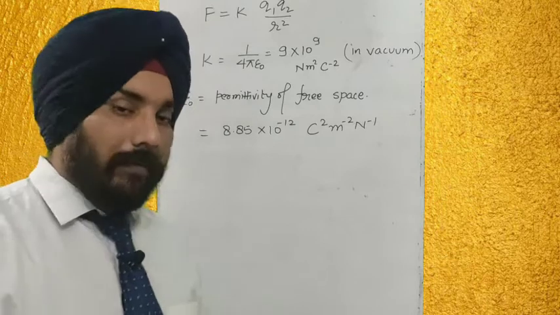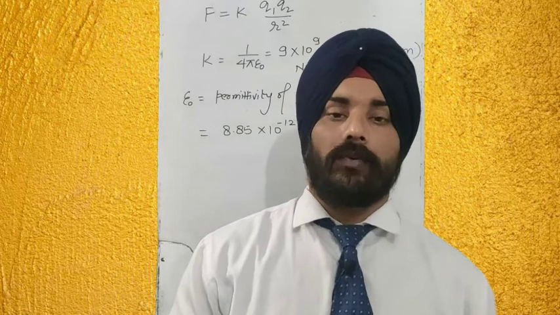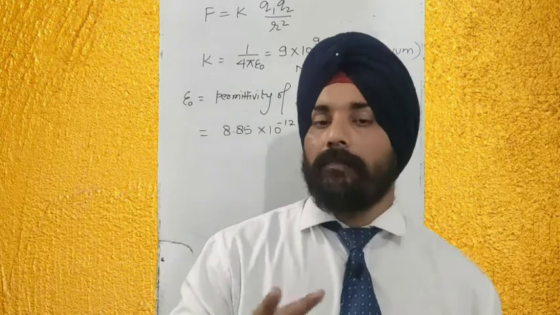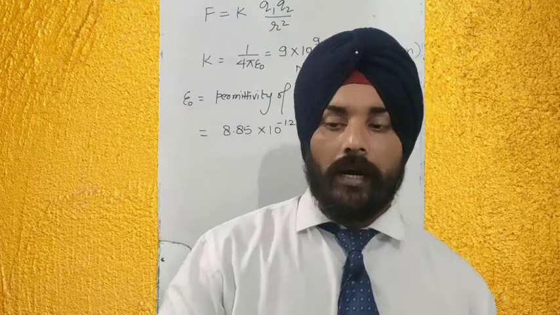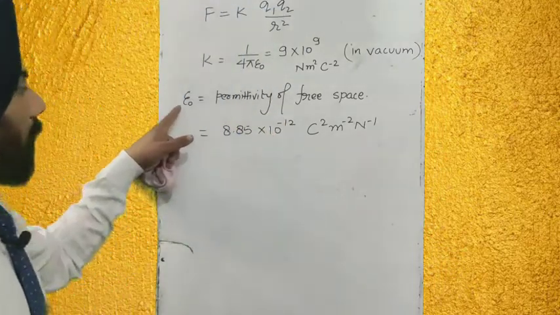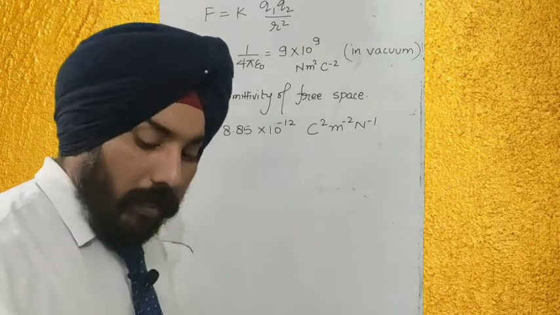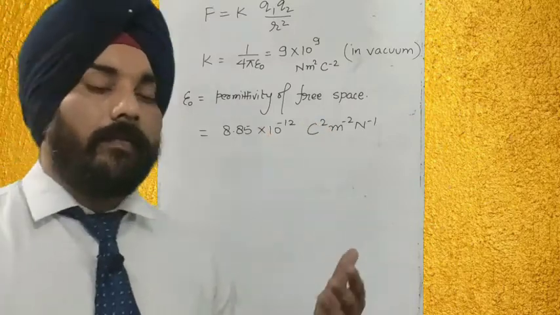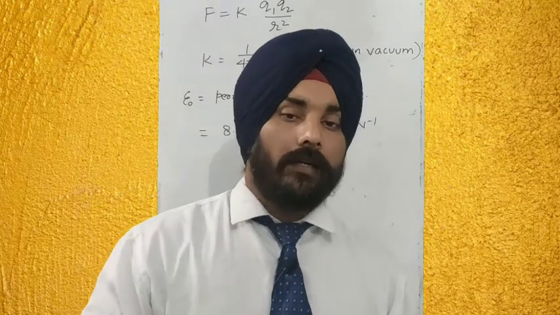So this was Coulomb's law, stated for the force of interaction between two charged particles when they are kept in a vacuum. But if they are kept in a medium, like water or some other medium which has permittivity a little different from free space, which is 8.85 into 10 to the power minus 12, then the permittivity will change because the electric polarizability of the mediums is different.